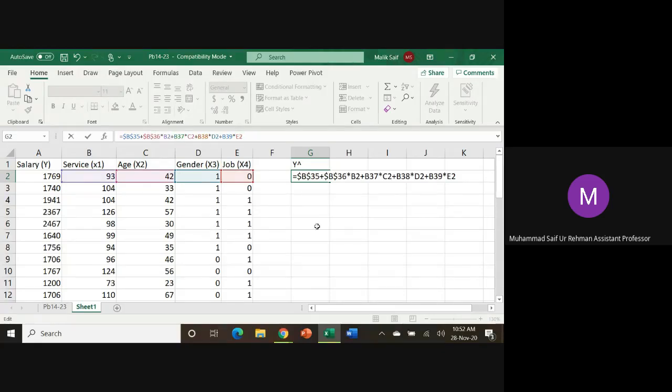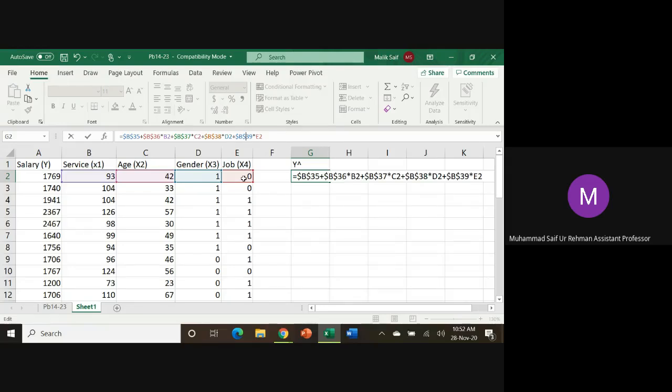Then come to the next value. Again, put the dollar sign over here, and again over here. So you are going to fix the column, this cell, and also this value. Similarly, fix this value. And there's no need to fix E2, because E2 will be the values written in this series, so it will take the values one by one.